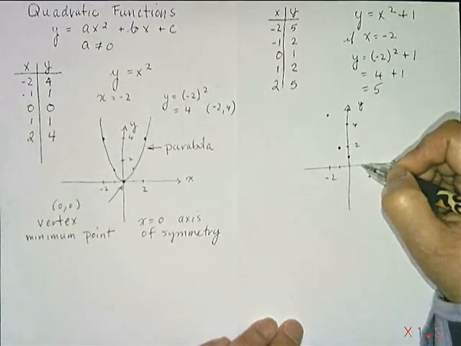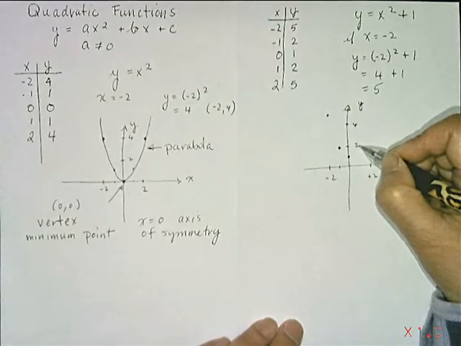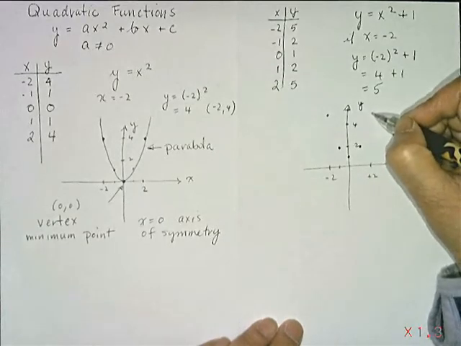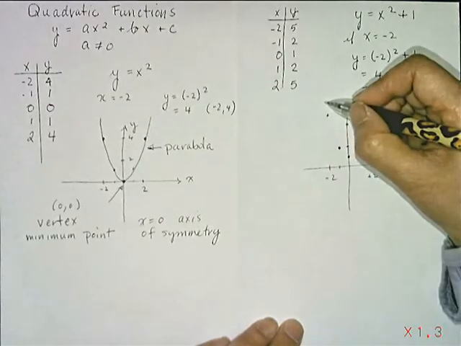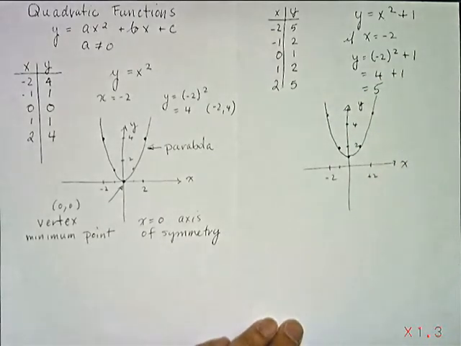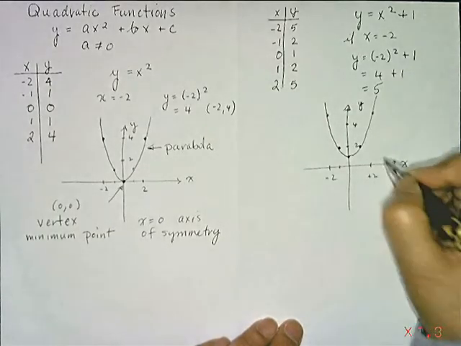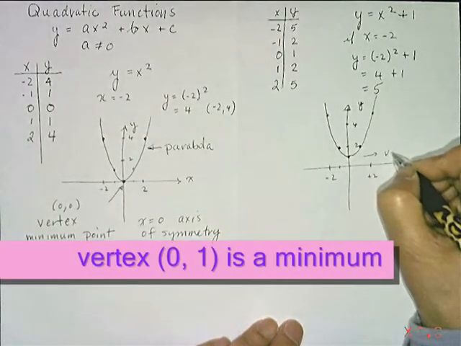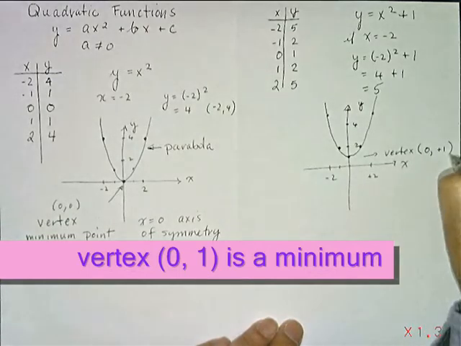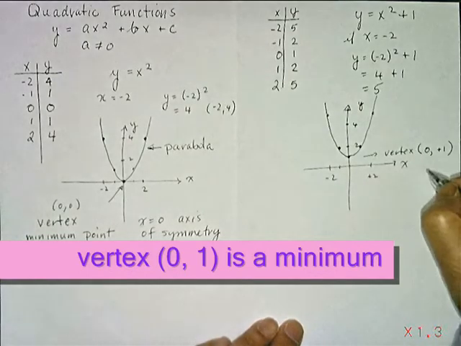At x equals 1, y value is 2, and at 2, the y value is 5. So let's again sketch the curve. And the vertex is now different. The vertex is now 0, +1, and this is still a minimum point.